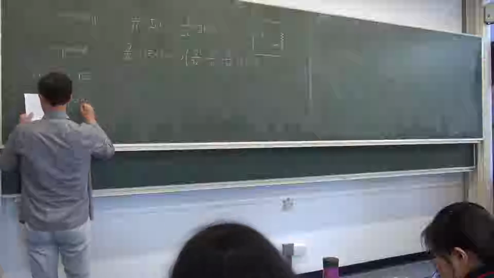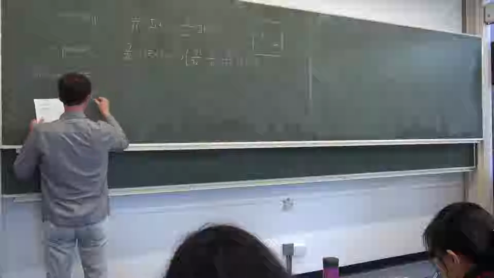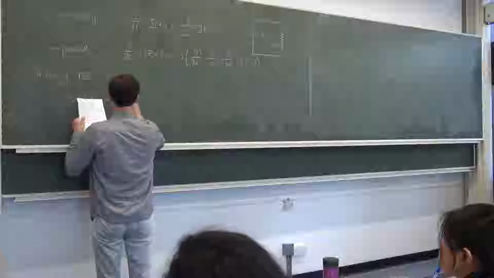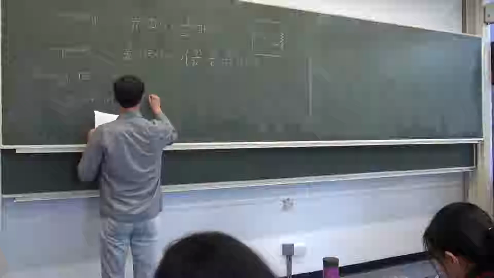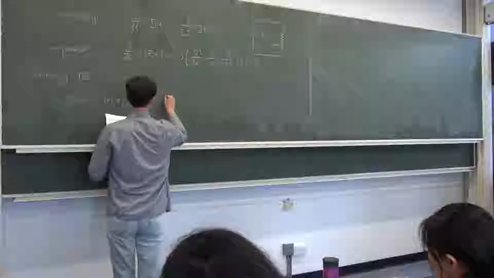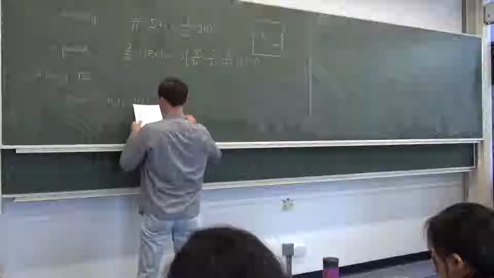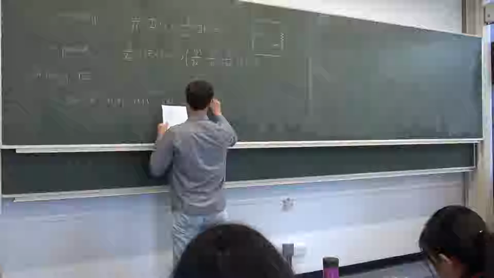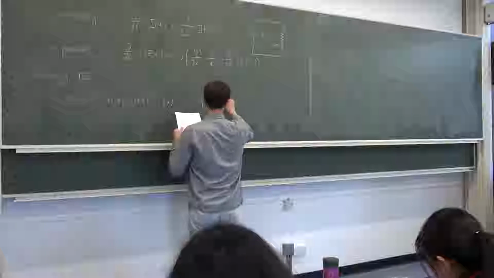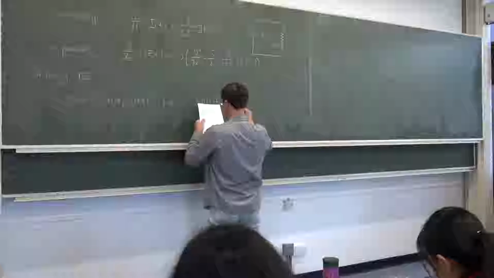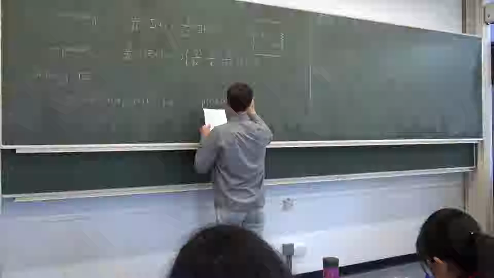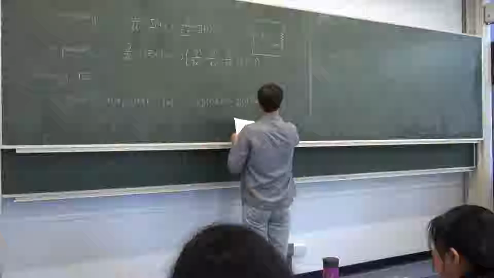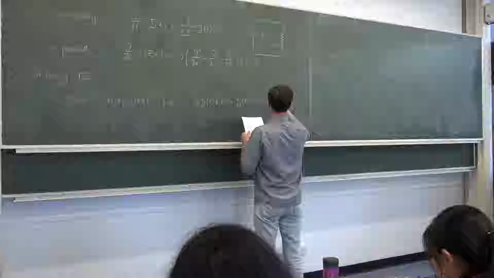Pn of x, f nth derivative of x, plus p n minus 1 of x, f n minus first derivative of x, and so on, all the way to p1 of x, f prime of x, so just the first derivative, plus p0 of x, f of x, so the zeroth derivative, all equal to some g of x.